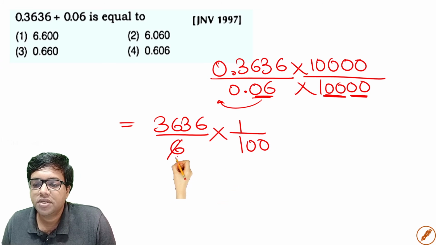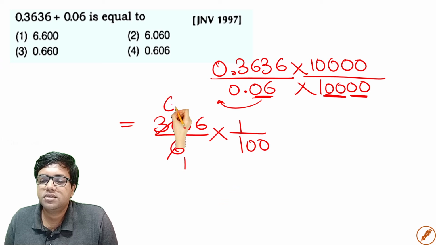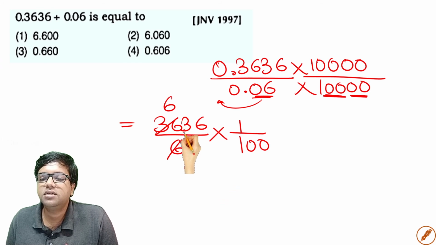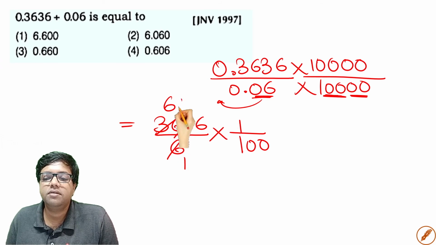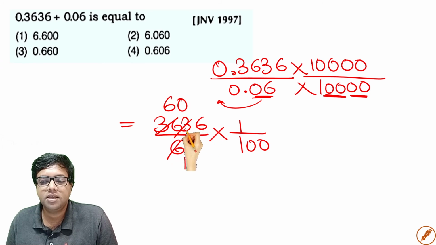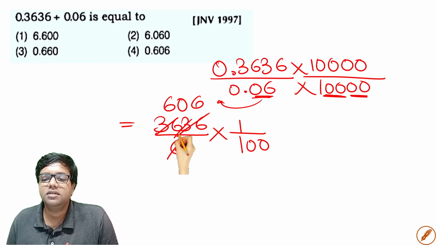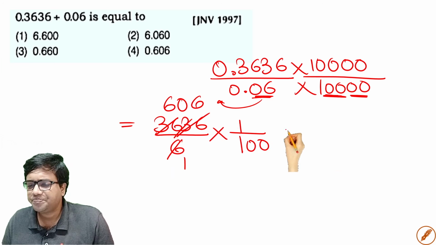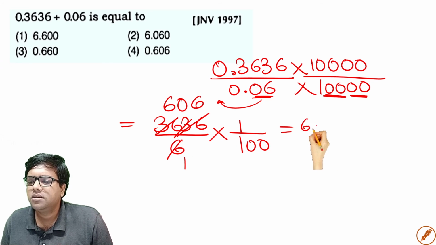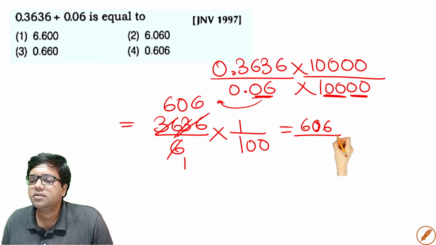Now do the division. 6 ones are 6. 6 6s are 36. This digit doesn't go by 6, so take it away and keep 0. 36 is there. 6 6s are 36. Okay, so 606 divided by 100.